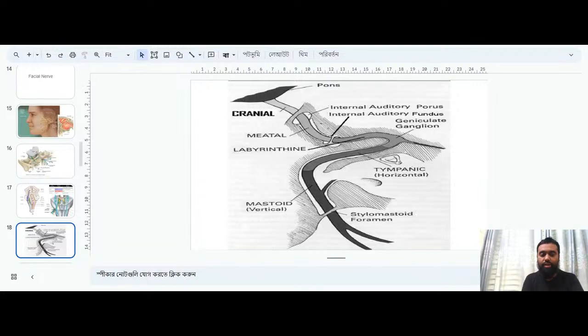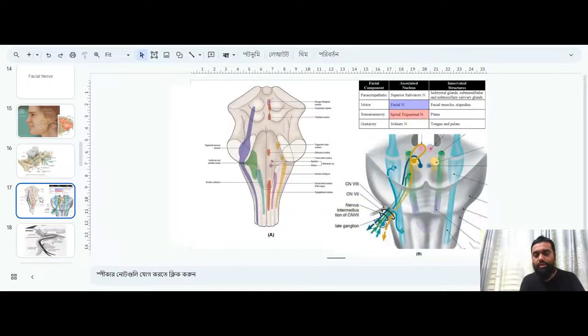Nucleus means the cell body. Here we can see, for example, here are the neurons. Here are the nuclei of the facial nerve. So these nuclei are upper motor or lower motor?